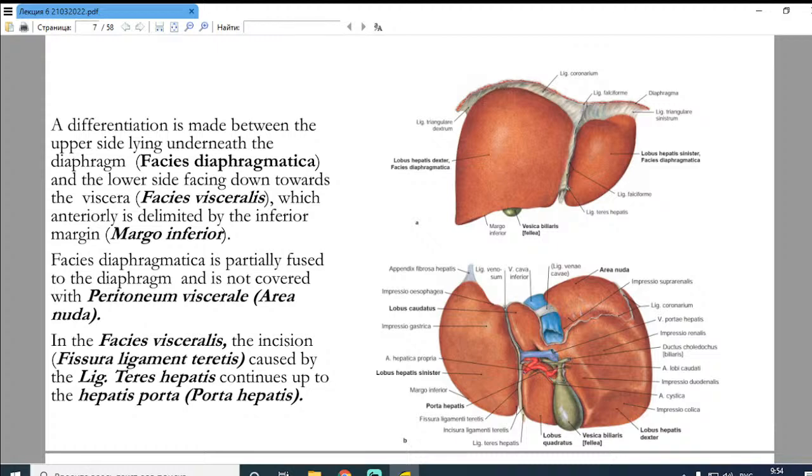A differentiation is made between the upper side lying underneath the diaphragm, facies diaphragmatica, and the lower side facing down toward the viscera, facies visceralis, which anteriorly is delimited by the inferior margin.